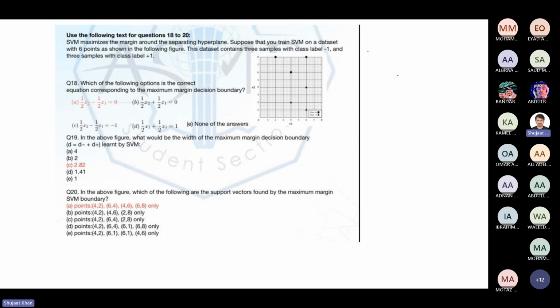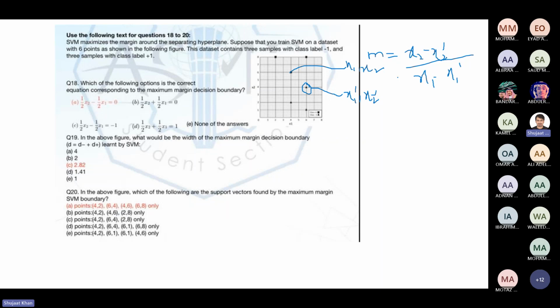The idea is this: m is equal to x2 minus x2 prime divided by x1 minus x1 prime. When I say x1 prime and x2 prime, I'm using, for instance, this one as my x1 prime, x2 prime, and the other one is just x1 and x2.